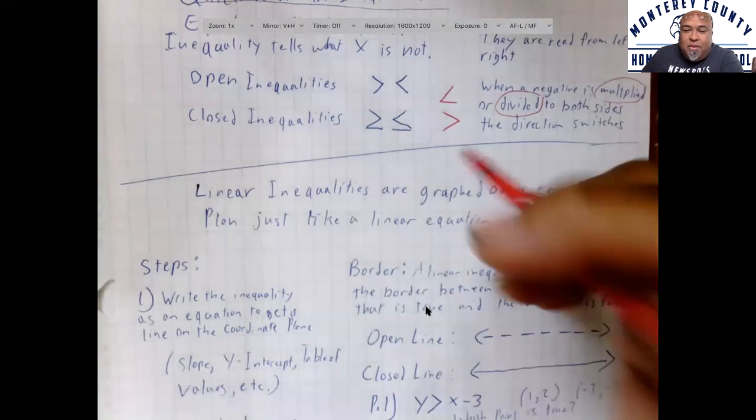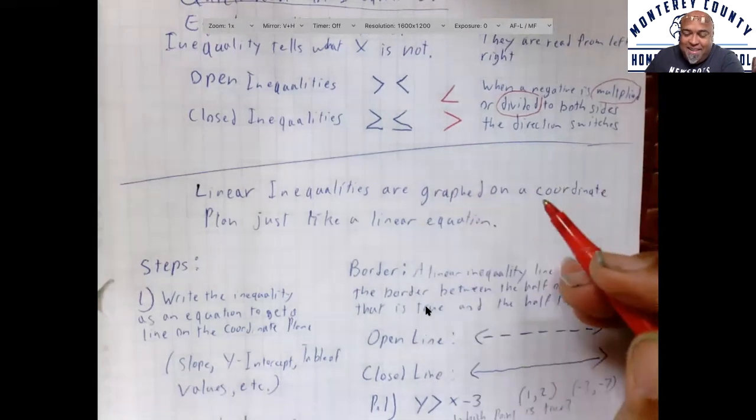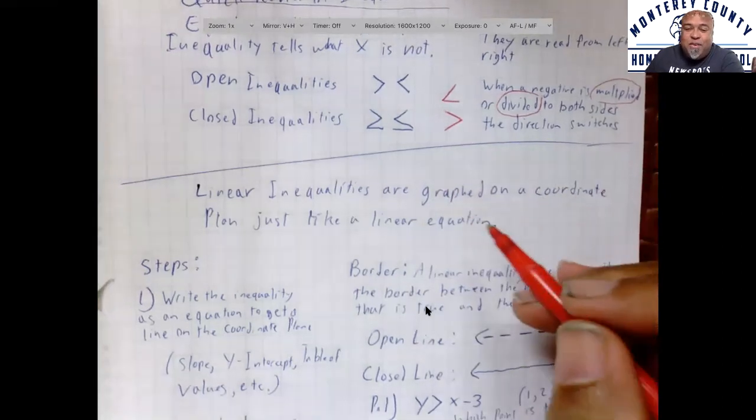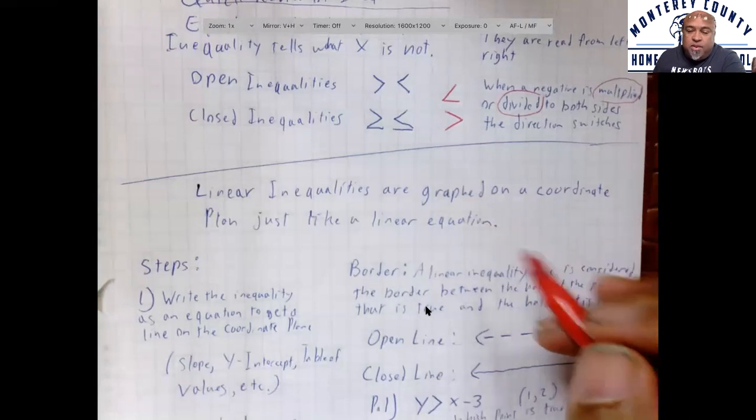All right, so linear inequalities are graphed on a coordinate plane just like a linear equation.